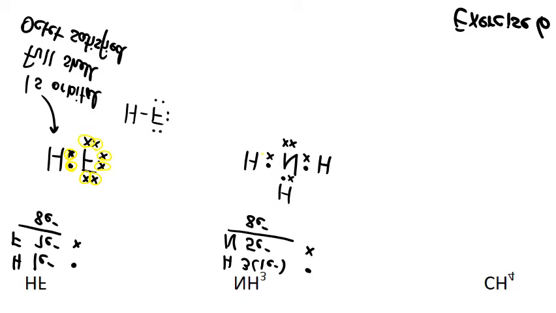Let's talk about NH3. I said that when you look at these, typically the atom with the lowest electron affinity is the one that's going to be your central atom. Well, hydrogen has the lowest electron affinity in ammonia, but it can't be a central atom. It has to be a terminal atom. So nitrogen is going to be your central atom. And that's kind of easy to see and should make sense.